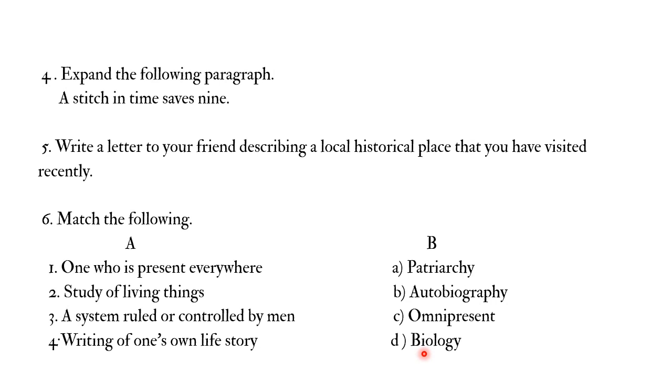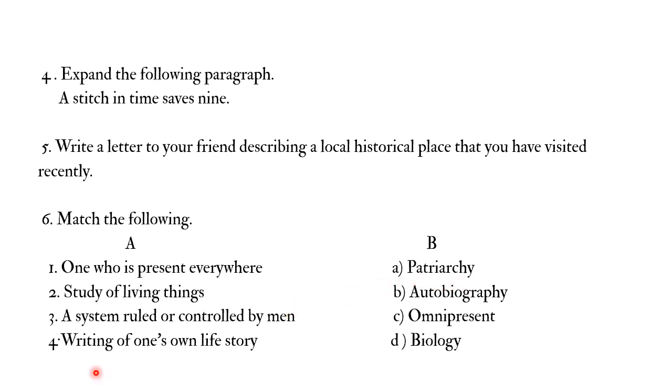A system ruled or controlled by men: if the whole family system or society is dominated by men, and they govern it, then we can say that system is called patriarchy. Archy is related to system or government. So the system or society run by males is called patriarchy.